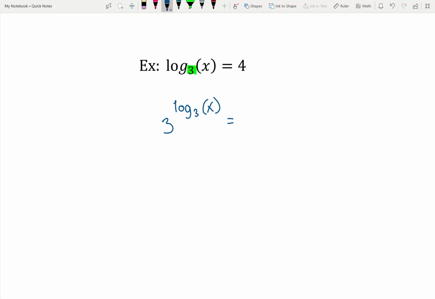And what do I have on the other side? 3 raised to the 4. So on the left-hand side, everything cancels out except for the x. And on the right-hand side, I get 3 to the 4th, which is 9 times 9, 81.